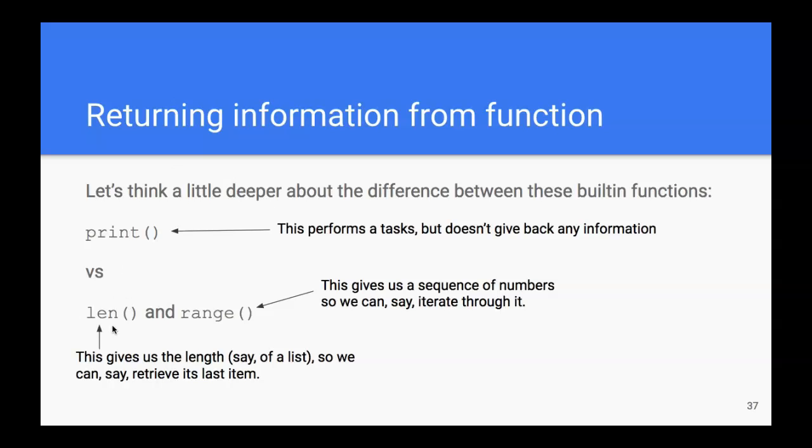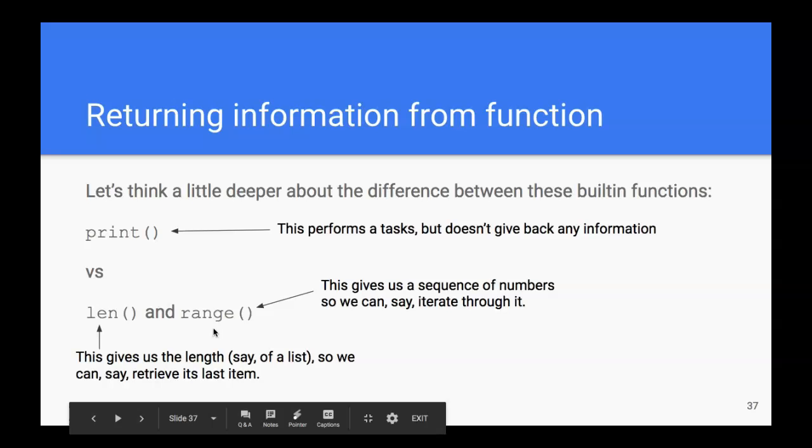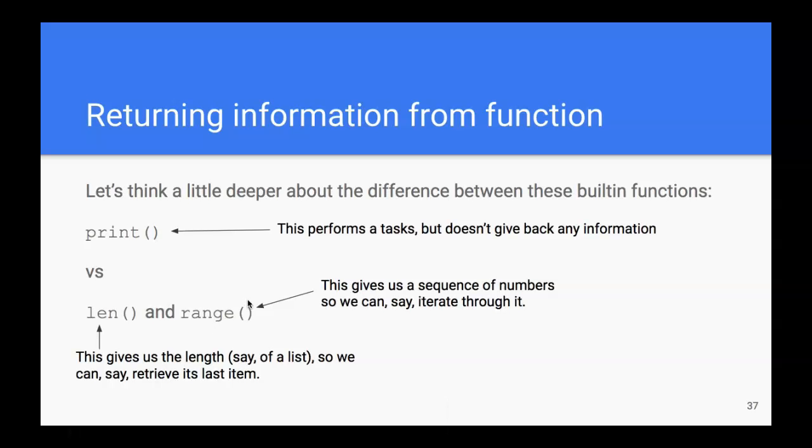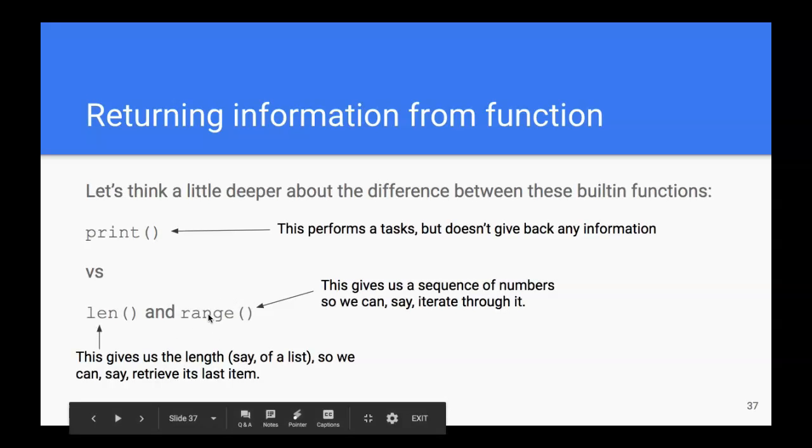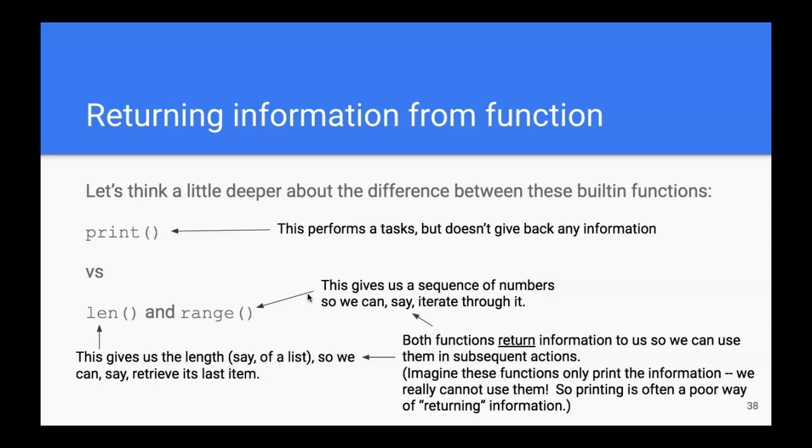Whereas length gives us the length of a list, the number of items in the list or the number of characters in a string, right? And the range gives us a sequence of numbers. In both cases, we take the information returned by these built-in functions and we do more with them. Imagine if these functions only printed the information on the screen, but did not return the numbers or a sequence of numbers, well, they're not very useful for us.